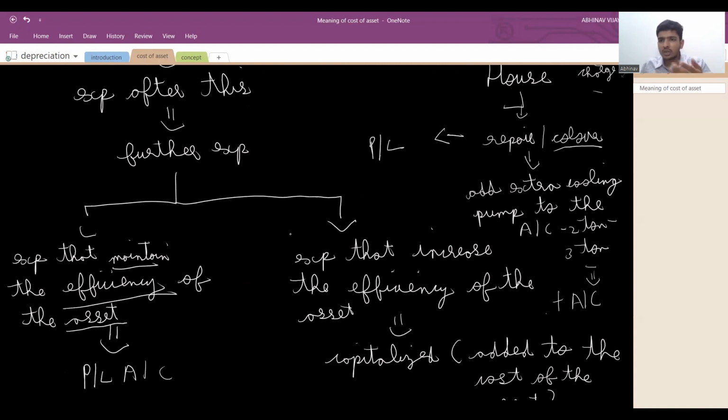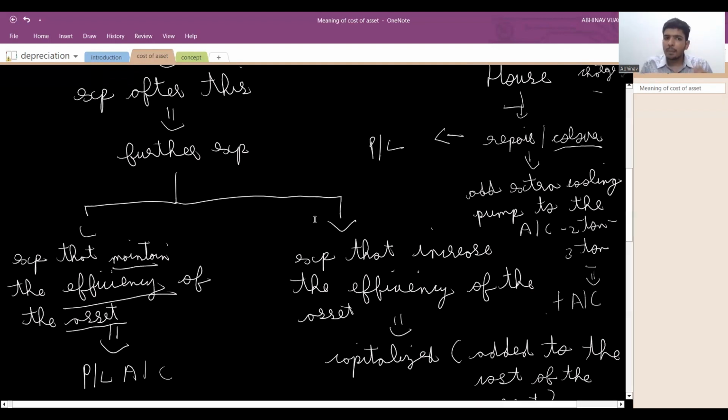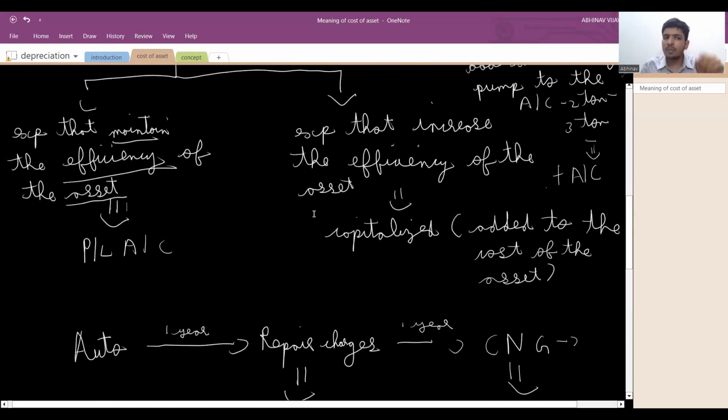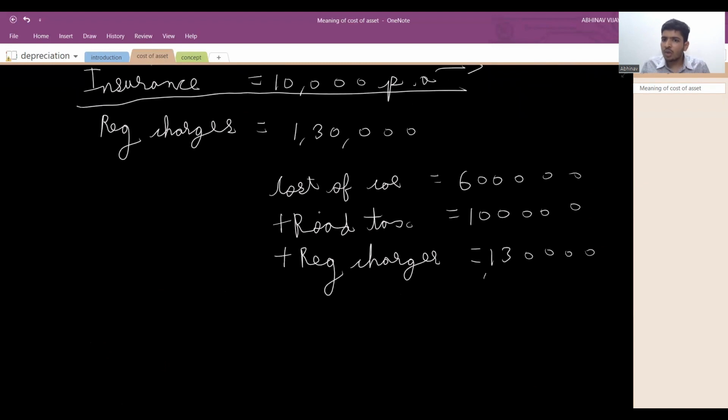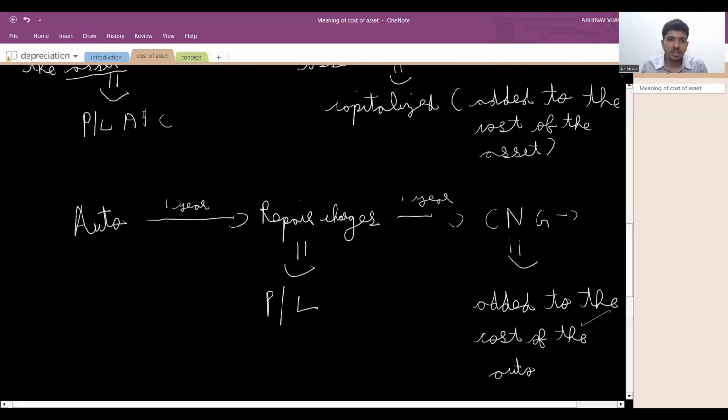If your asset gets into an accident, you claim insurance. They'll recover only up to the amount of the insurance contract you entered into at the start. You can't increase the efficiency of the asset by paying this insurance amount. You can only maintain the efficiency of the asset. Correct? So it won't be added to the cost. It will be transferred to profit and loss account, as mentioned here.